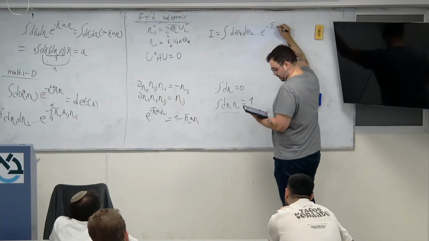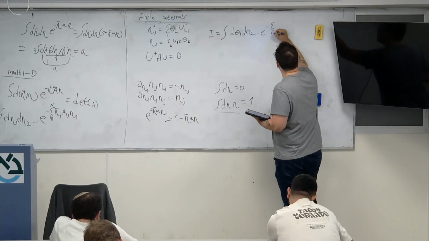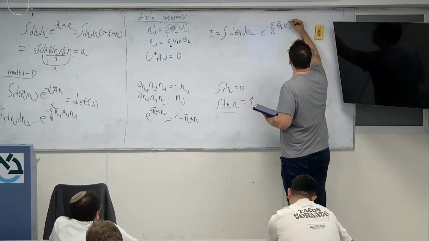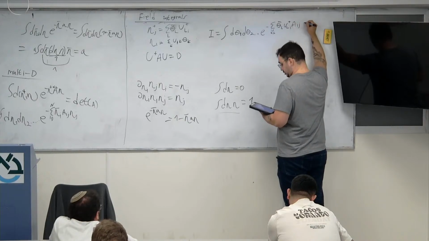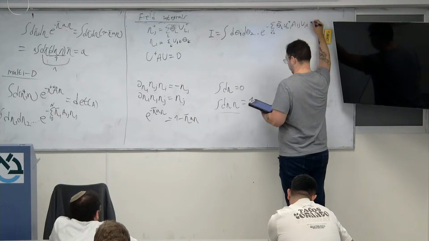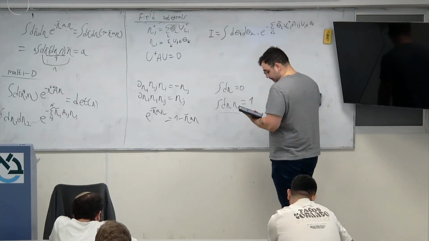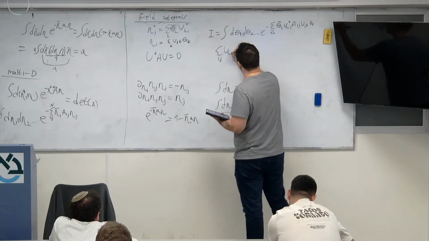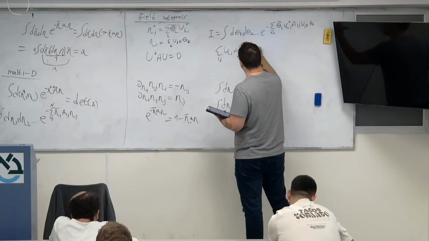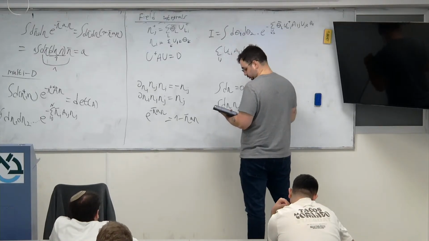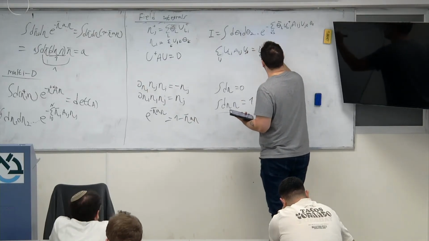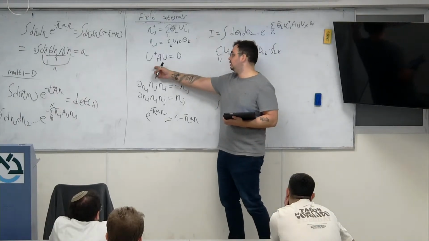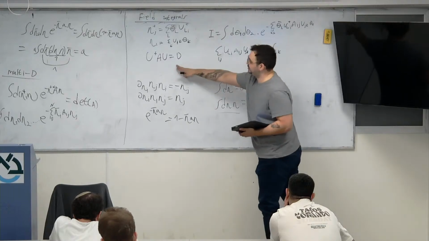We have e to the minus sum over i, j, k, l of theta l conjugate U li dagger A ij U jk theta k. And the sum over ij of U li A ij U jk will be equal to d l delta lk, since we defined it as a unitary transformation to a diagonal matrix. So this is basically just this line.